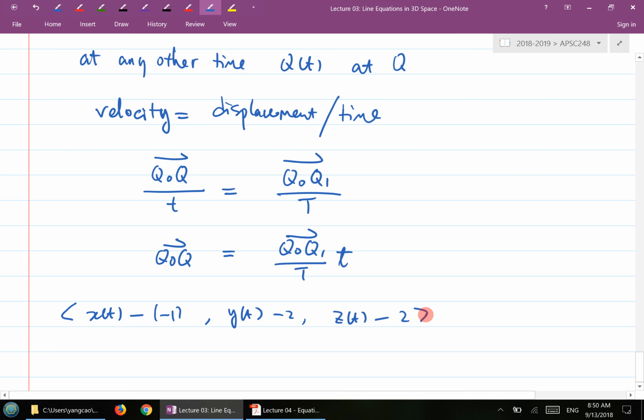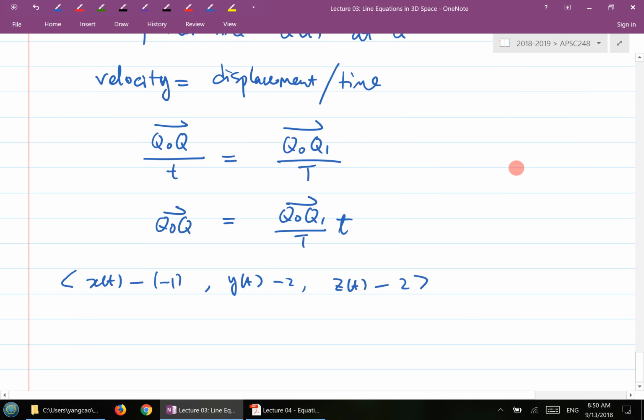That's Q0Q. And then this is equal to the other side, Q0Q1. So Q0Q1 is the Q1 coordinate minus the Q0 coordinate.